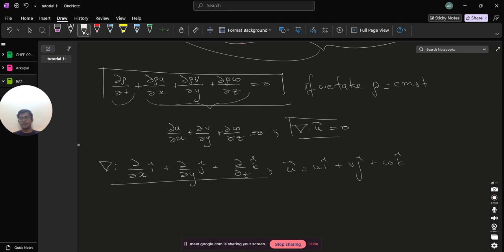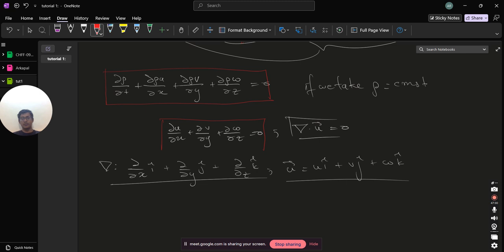Okay, so this is what we get finally as our conservation of mass. This is for compressible flows, and this is with the assumption of incompressibility.